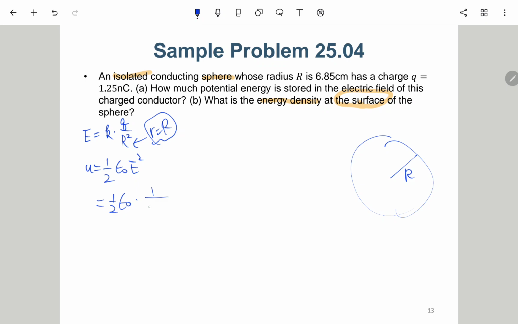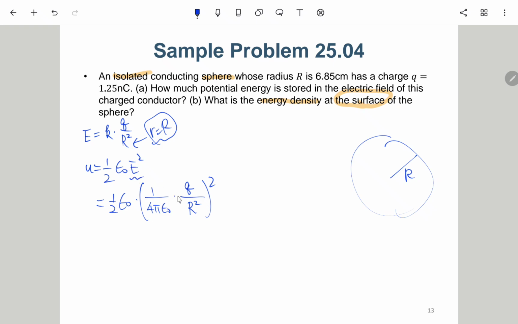Because here we also have an epsilon naught, so I just try to write the whole thing here. And then we have a Q over capital R square. And then this whole thing we have a square, because here we have E square rather than E.